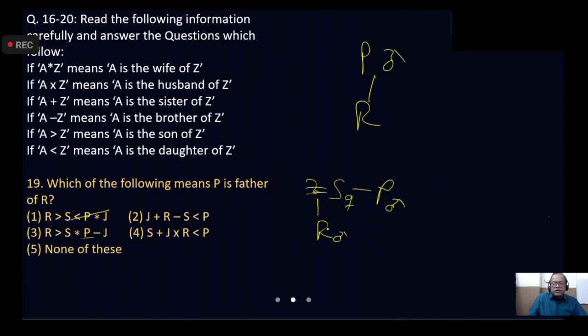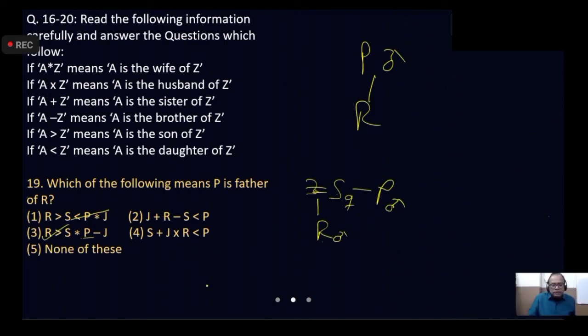So when P is male, R is child born to S and P. So now here it is proved that P is father of R. Yes or no? Yes, sir. That's enough. Okay.